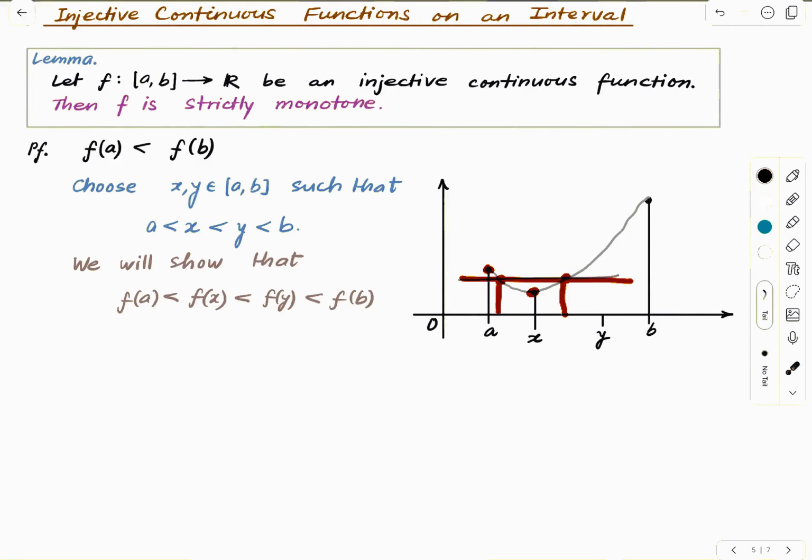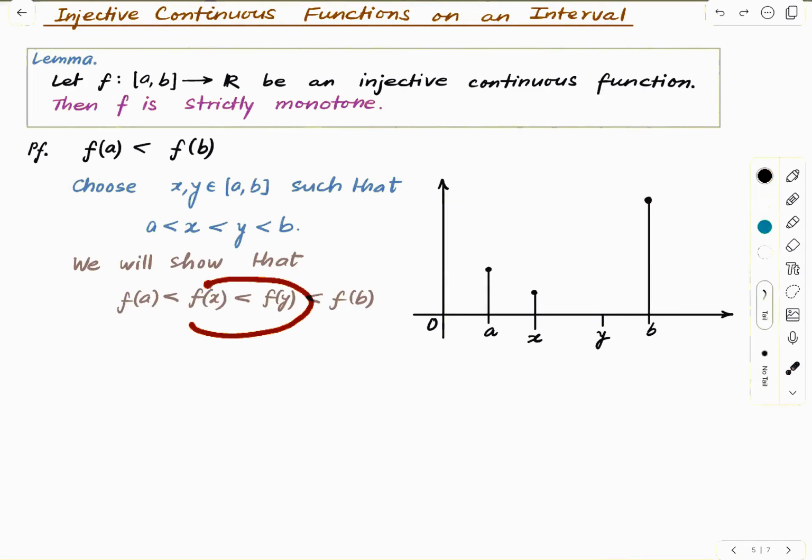The formal justification of all this will come from the intermediate value theorem, because by the intermediate value theorem, the function assumes all possible values between this and that within this interval. And similarly, it would assume all possible values between this and that within that interval. And hence you would find 2 distinct points where the function takes the same value, and that would be a contradiction. So that justifies this. You can formally write it down. I don't want to write it. It will be just an unnecessary mess. Similarly, we can justify that.